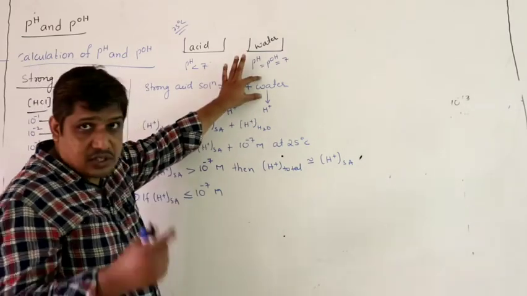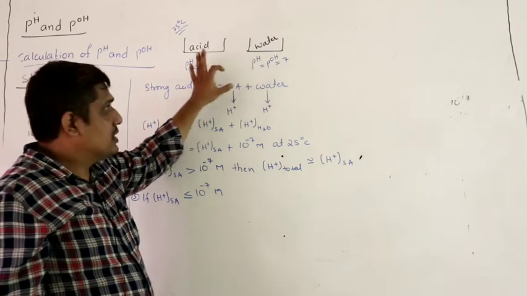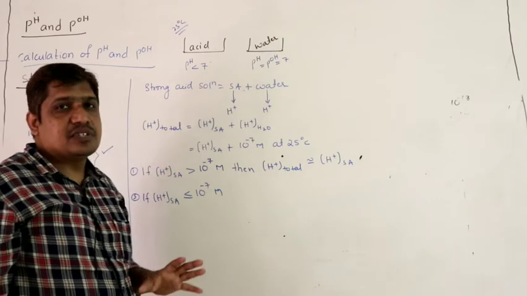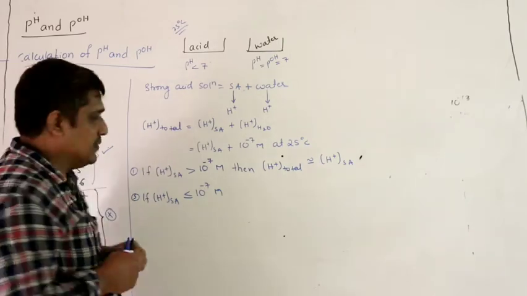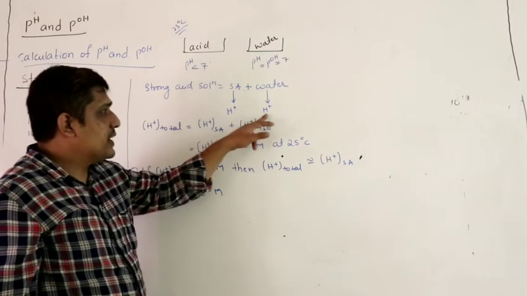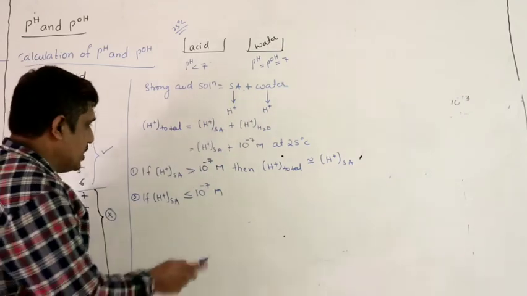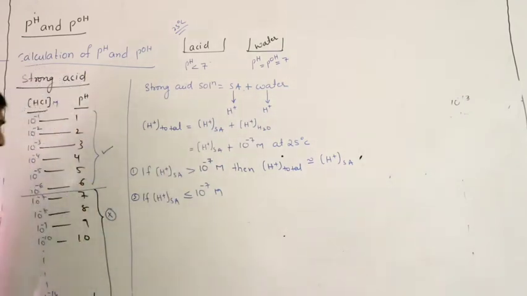Then this source contributes more H plus ions to the system than the strong acid itself, because it is a very dilute acid solution, not a concentrated one. In that case, we cannot neglect the H plus ion contribution from water. If you neglect, you will get the wrong answers.